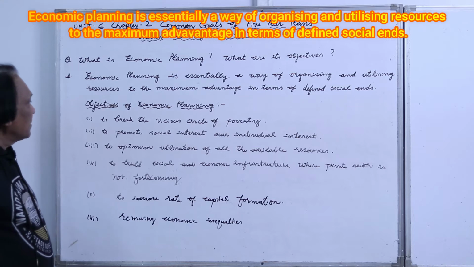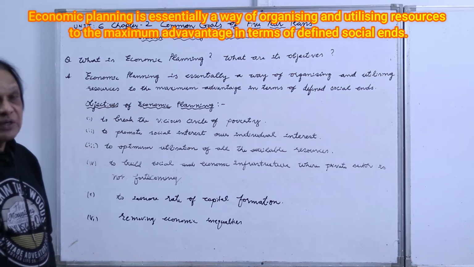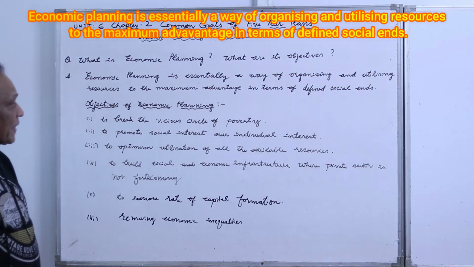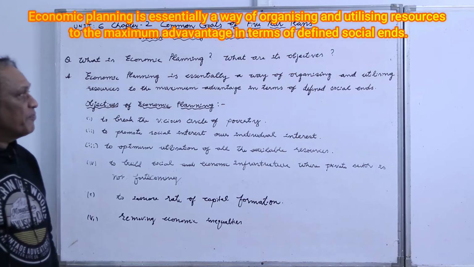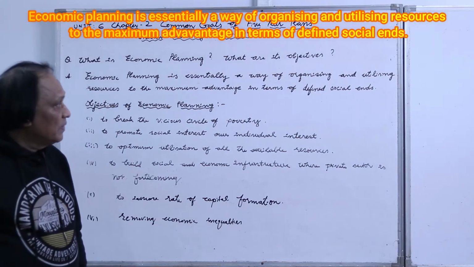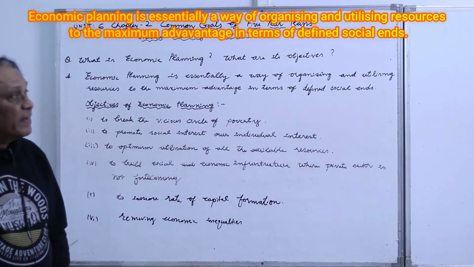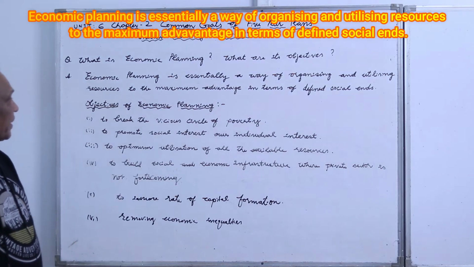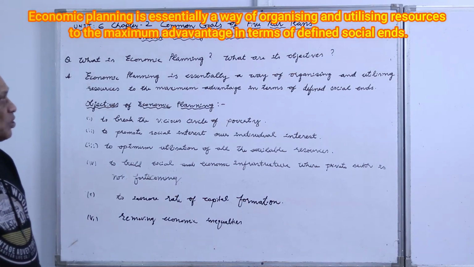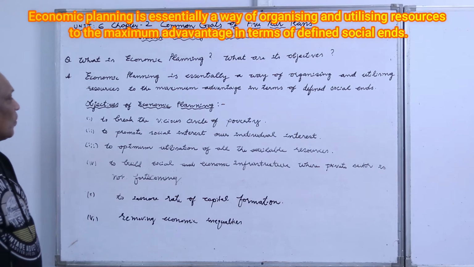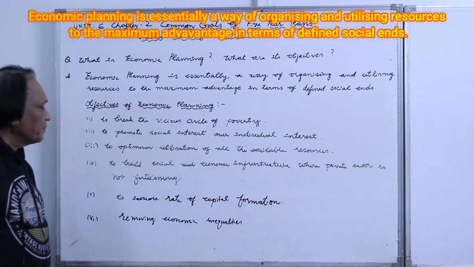All the resources should be properly utilized to the maximum advantage in terms of defined social ends or the social goals. Economic planning is organizing and utilizing all the resources in the economy to the maximum advantage in terms of defined social ends. What are the objectives of economic planning?